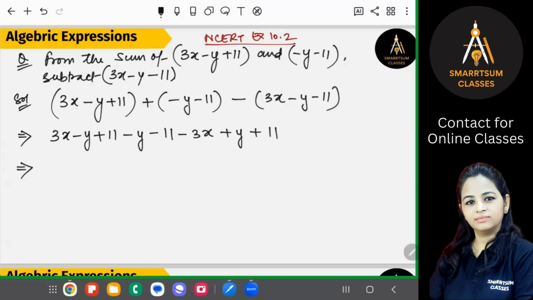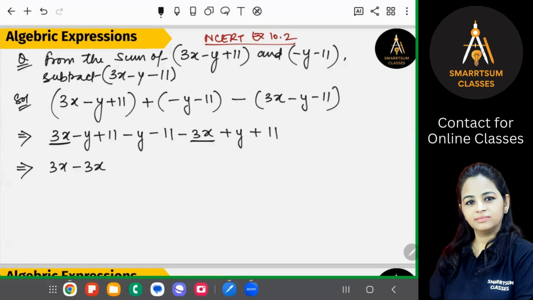Now, what is the next step? We have to collect the like terms. So find out the terms. 3x, this is the x term. So we will find if there is any other x term. Yes, minus 3x. So write them together: 3x minus 3x.